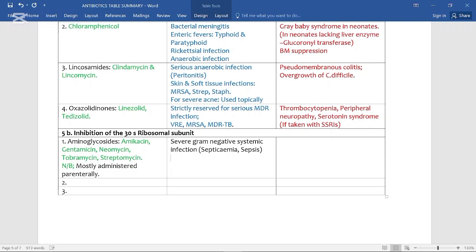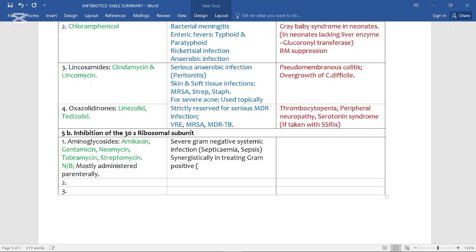Then they're also used synergistically. They're used in combination with other drugs when it comes to dealing with gram-positive bacteria. So you can say synergistically in treating gram-positive bacteria.